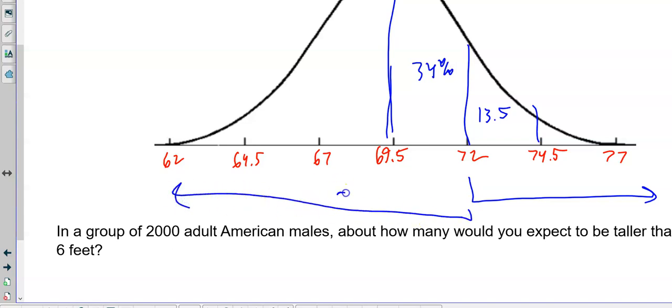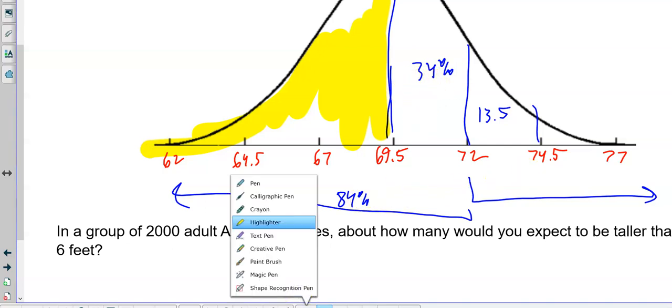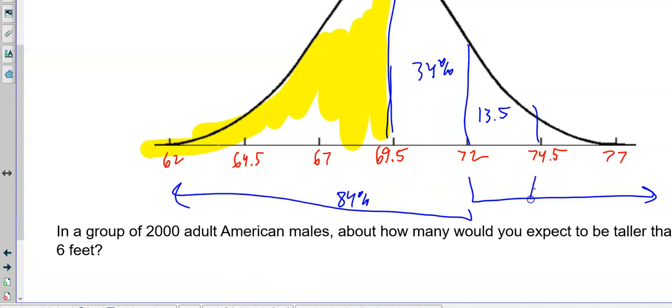If you go this way, that's going to be 84% of the data, because 50%, or half of it, is this way, plus the 34 is 84%, which means by default, this must be 16%.